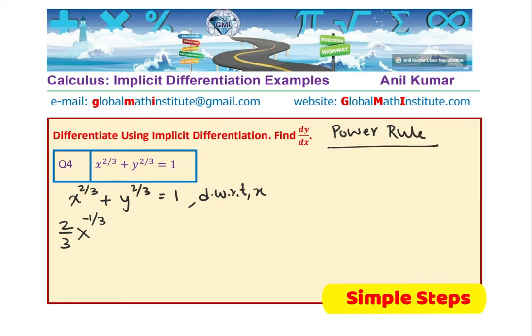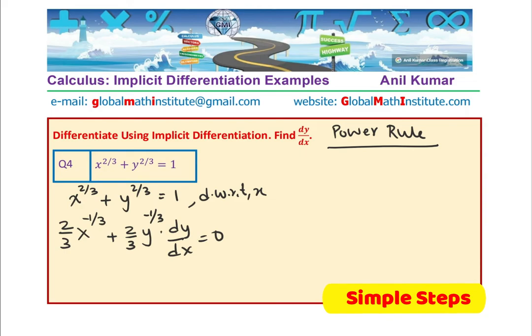And now what do you get? We get plus 2/3 y to the power of minus 1/3 dy/dx, correct? Equals 0. Perfect. When you say minus, that means that x is coming in the denominator, right? Okay. So we can take dy/dx and then isolate it. So we can cancel the 2/3s, right?